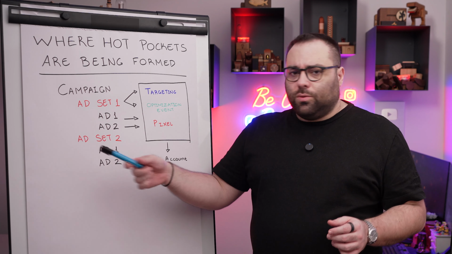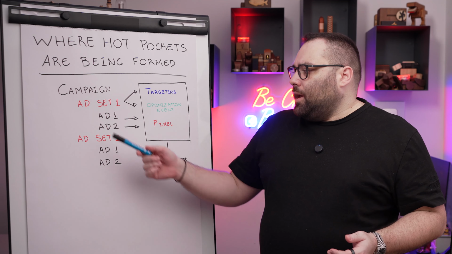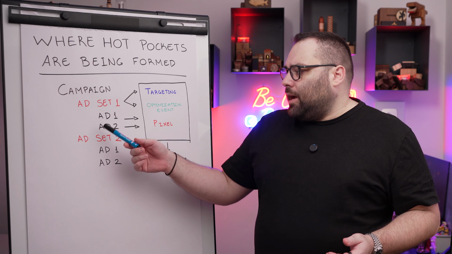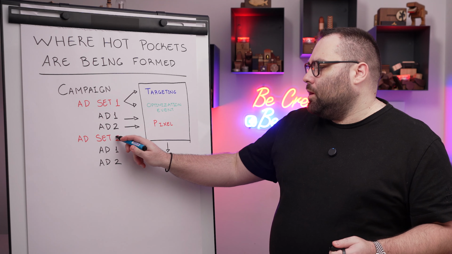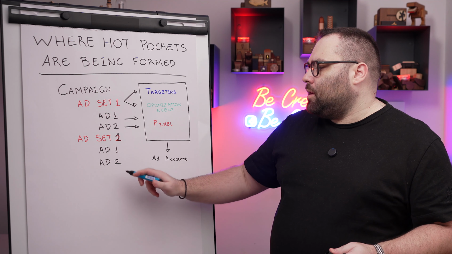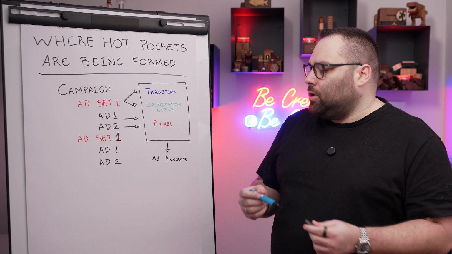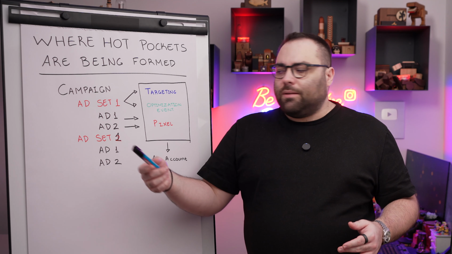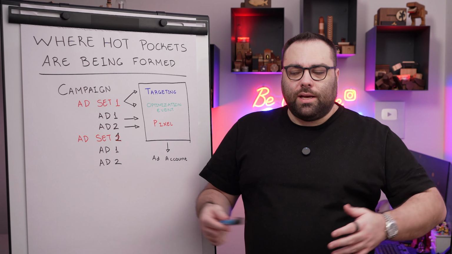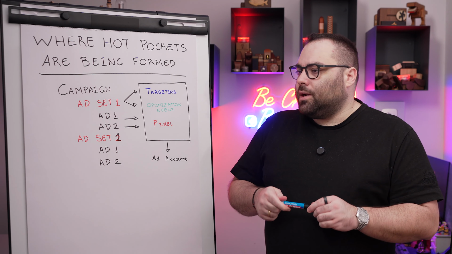Ad set 1 and ad set 2 have zero changes between them, okay? And ad 1 and 2 have zero changes between them, okay? So all of these are the same, and we're running it many times in order to create different hot pockets, and some of those are going to be stronger and some are not.